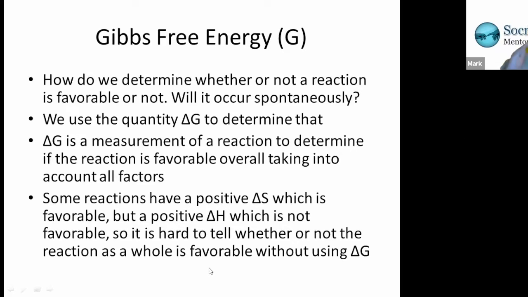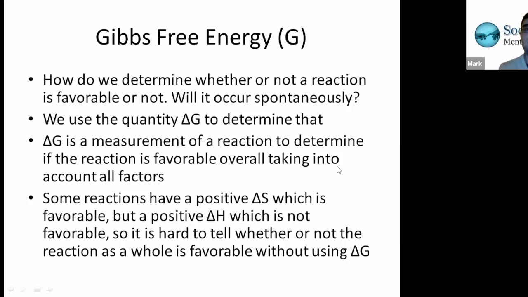In delta H, if the ending energy is higher than the starting energy, that means that energy must have come from somewhere else, and it had to have been absorbed. That's not good. We don't really want to absorb energy from other places because that means you're taking energy away from something else. We want to be releasing energy. So we want the energy of the system to be lower at the end than it was at the beginning.